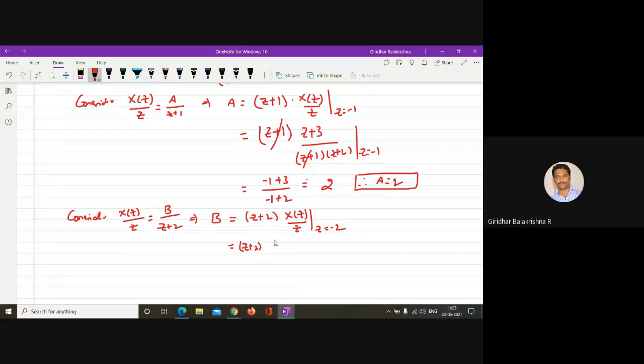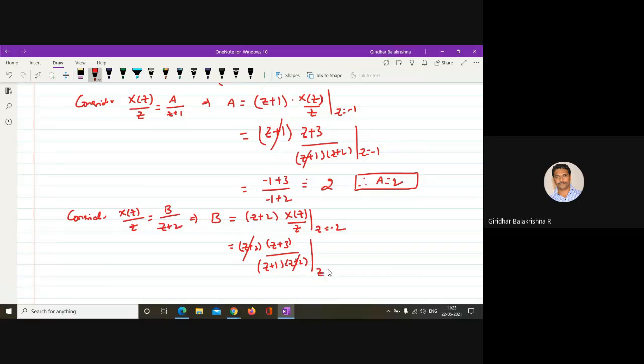What is the expression for X of z by z? Z plus 3 by z plus 1 into z plus 2. So z plus 2 gets cancelled.